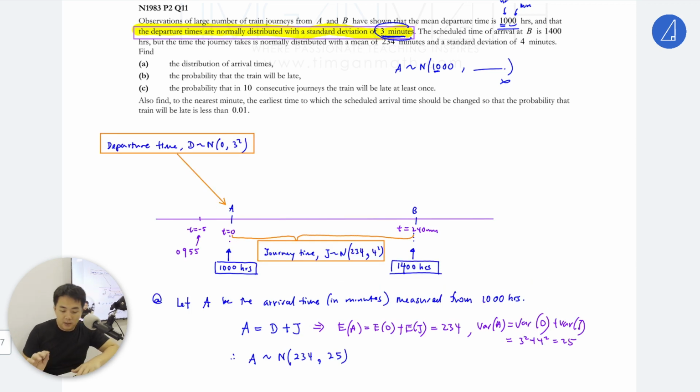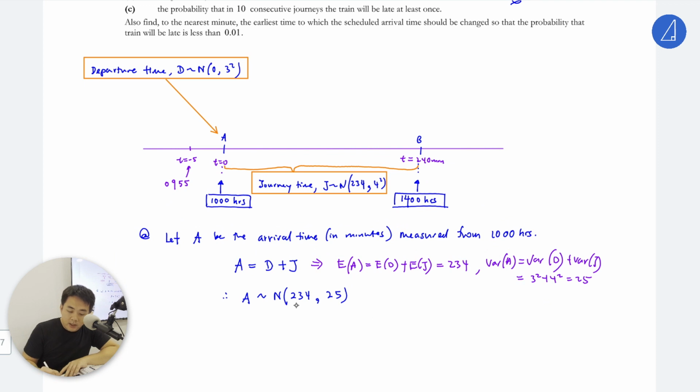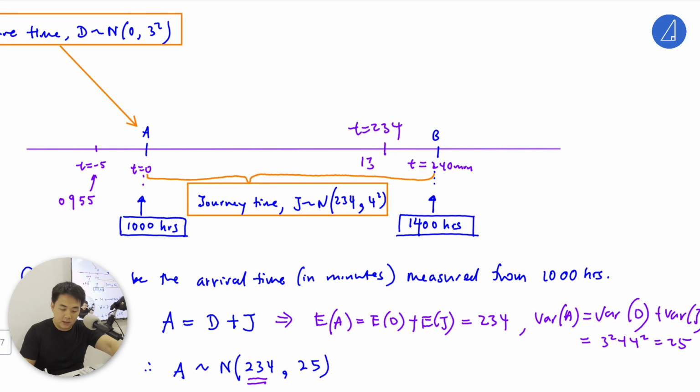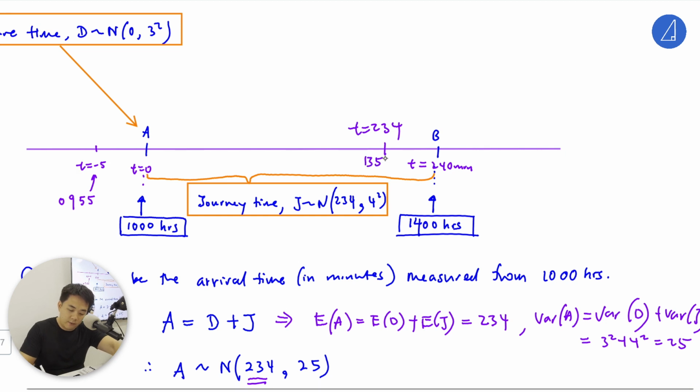This arrival time is centered about 234 minutes. 234 minutes will correspond to what time? 240 minutes is 2 p.m., so 234 will be 6 minutes earlier, which is 1:54.